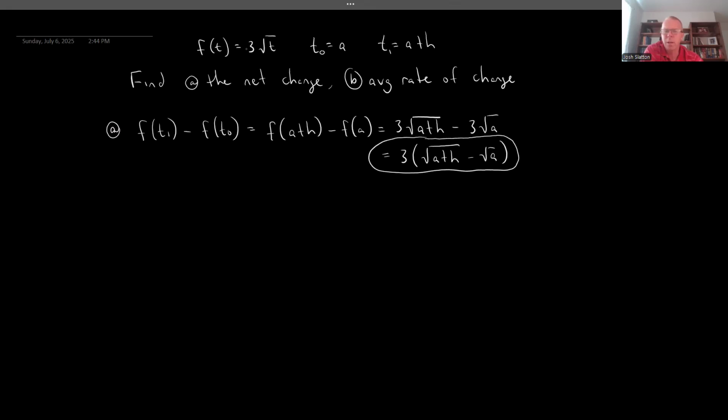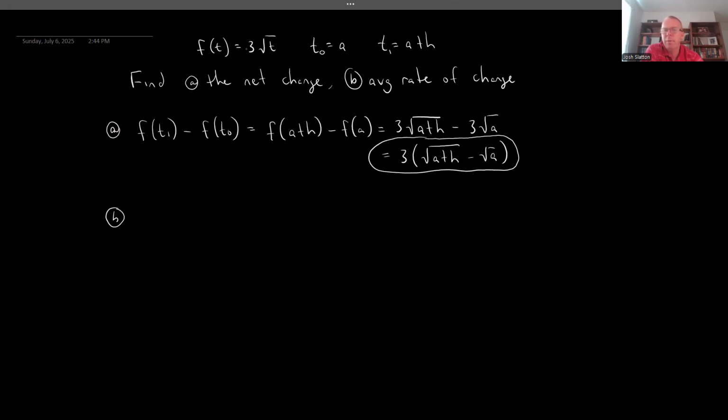So the net change is just how much the y value in this case changed between the first point and the second point. Then for the next part, the average rate of change, another way to state that that you probably are more familiar with would be slope. So what is the average slope?